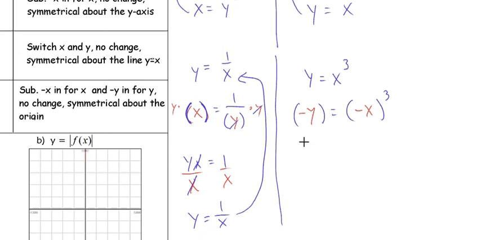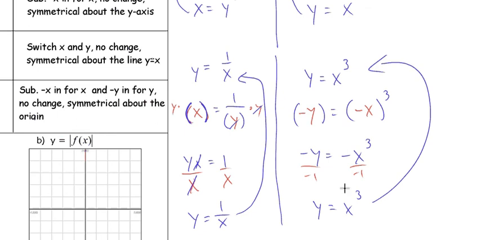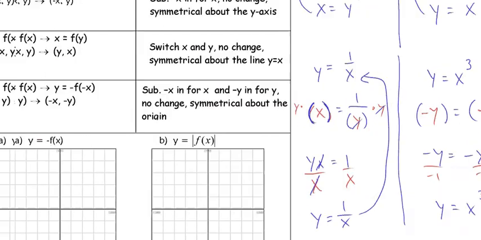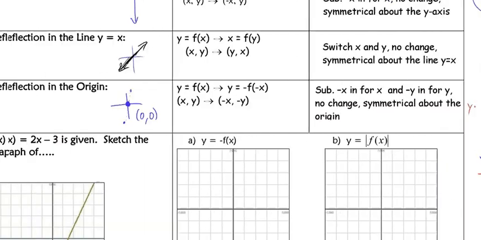All right, well that gives us negative y equals negative x cubed, and if we multiply both sides by -1 or divide both sides by -1, however you like to think about that, we end up with, well, a negative times a negative is a positive, so y equals x cubed. And here we are right back at our original function. So it is symmetrical about the origin.